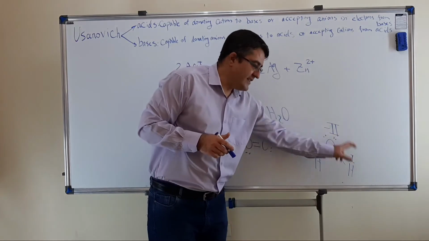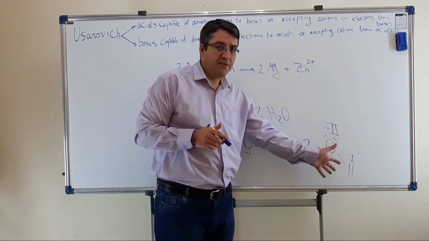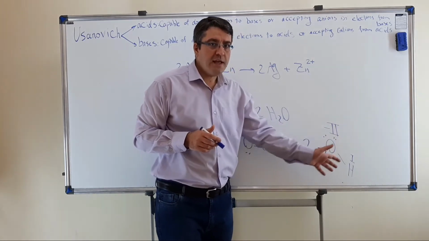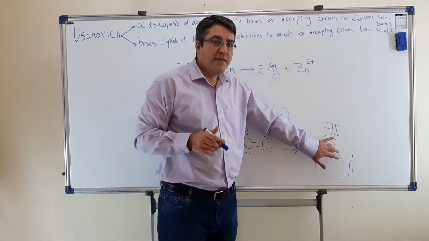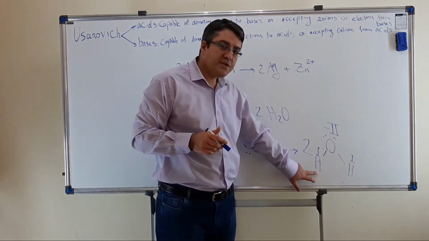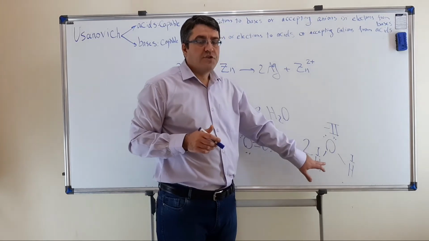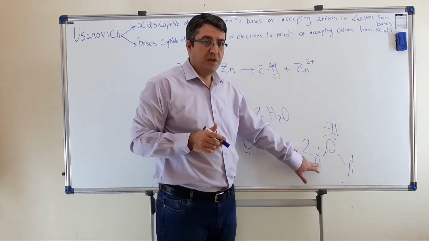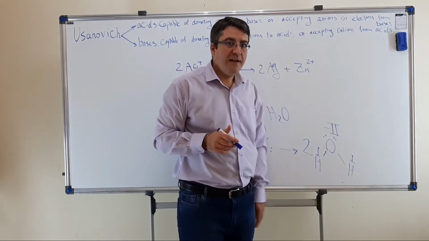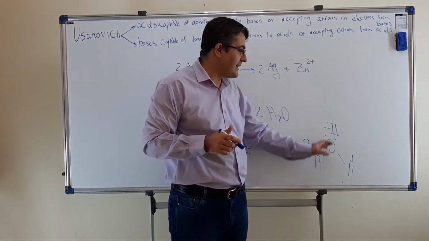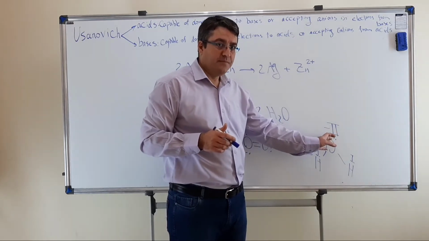These oxidation states, these numbers, these electric charges are not real, they are formal. Indeed, in water molecules, oxygens are negative and hydrogens are positive, but their charges are partial, not complete. We only have partial transfer of electrons from hydrogen atoms to more electronegative oxygen atoms.